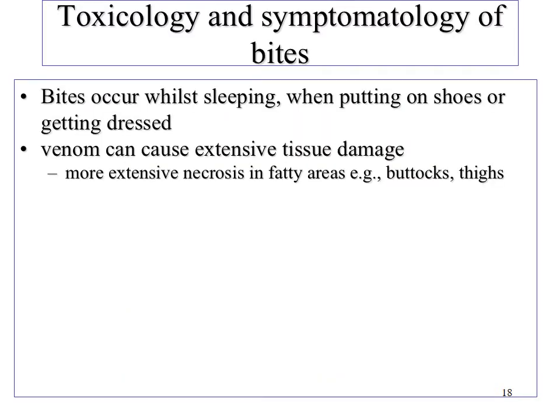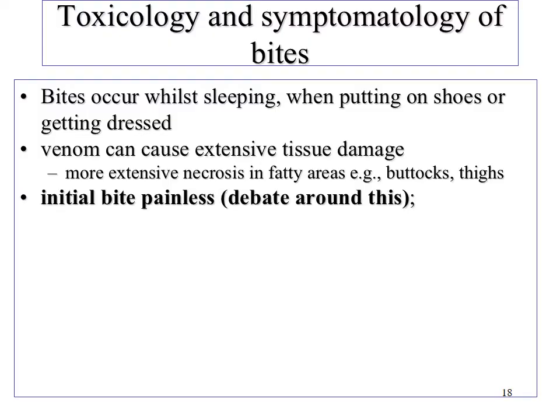In terms of the toxicology and symptomatology of bites from the violin spider, most bites occur whilst people are sleeping or putting on their shoes or getting dressed. The venom can cause extensive tissue damage, and it appears that the damage is more extensive in the more fatty areas of the body, like bites to the buttocks and thighs.